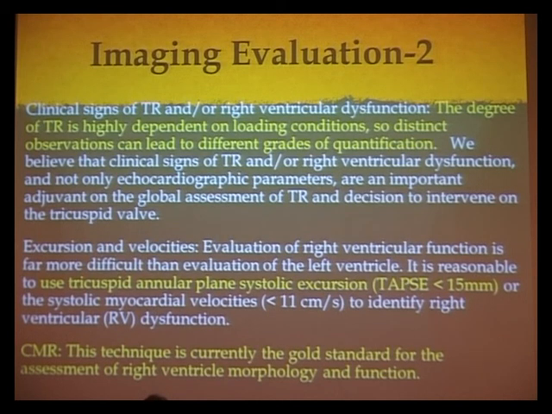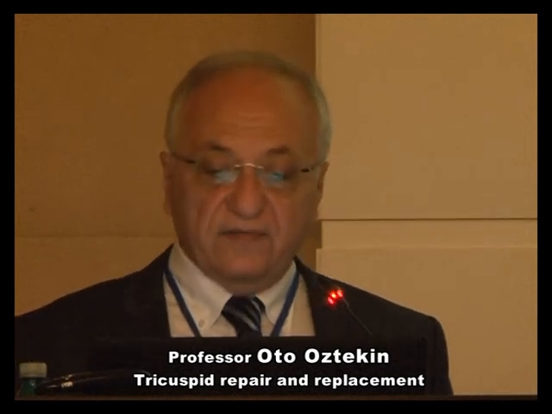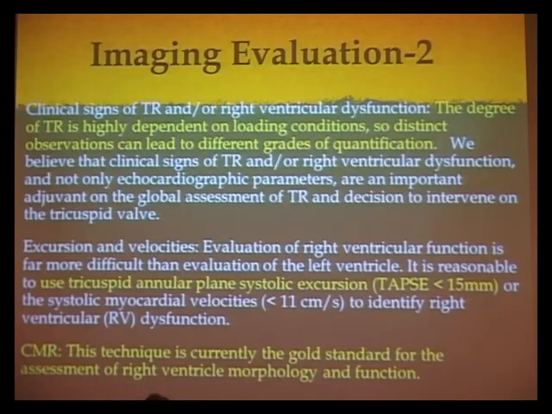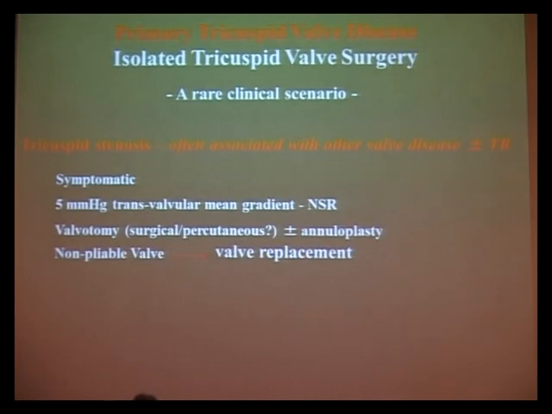So the clinical signs can be very much dependent on diuretic therapy usage. And also, we have to decide about the right ventricular function, and TAPSE, which is tricuspid annular plane systolic excursion, is very important criteria, and it must be below 11 centimeters to decide about the regurgitation and surgery. And recently, CMR is becoming very important standard.